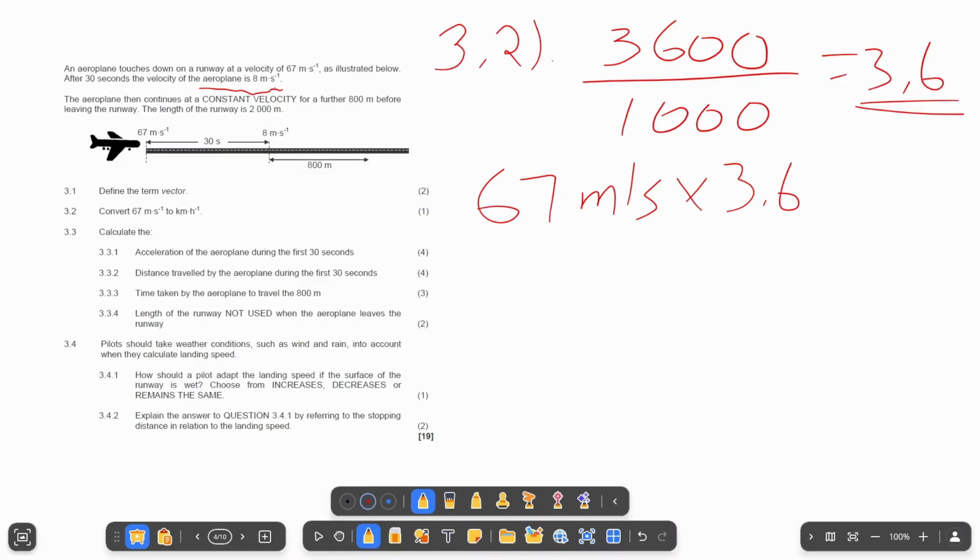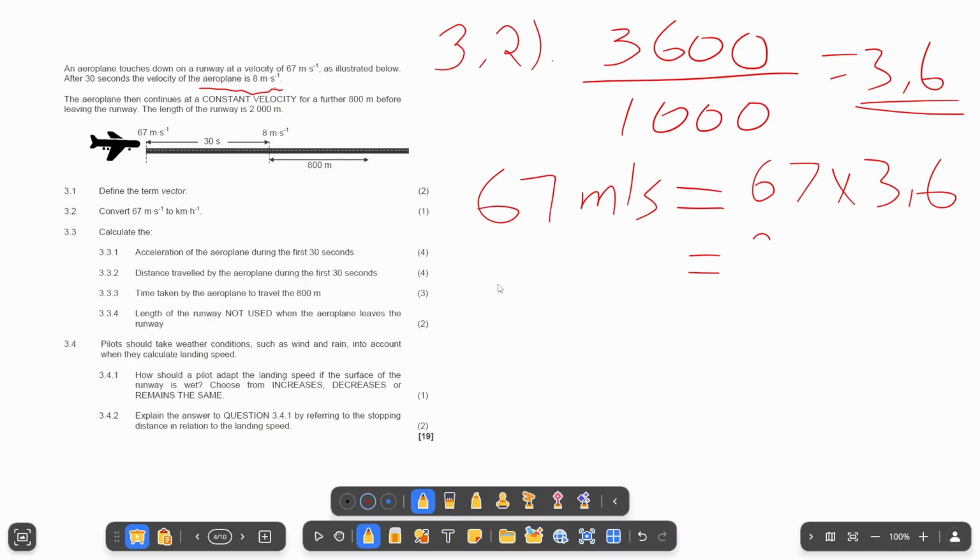is equal to, or let me write it a bit more professionally. This one is equal to 67 multiplied by 3.6, which is equal to, use calculators, scientific calculators quickly.